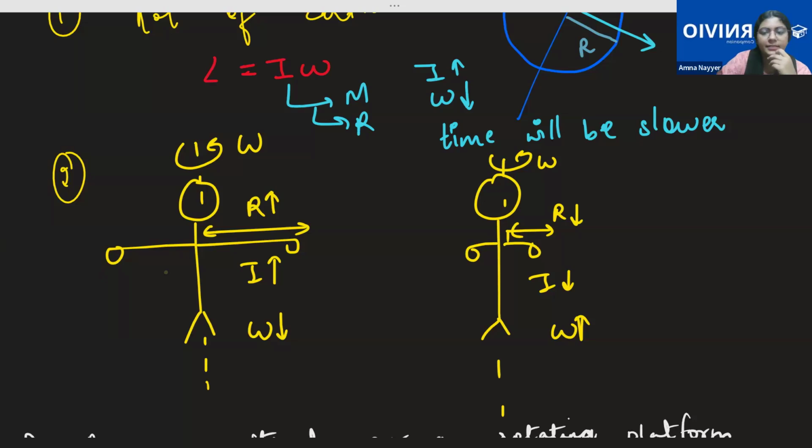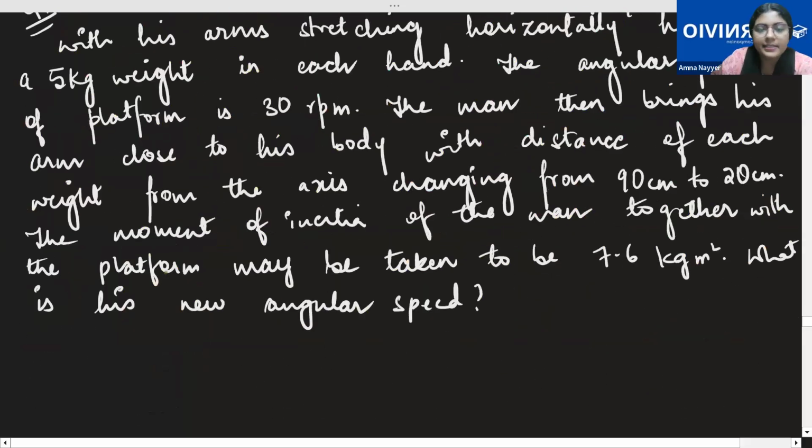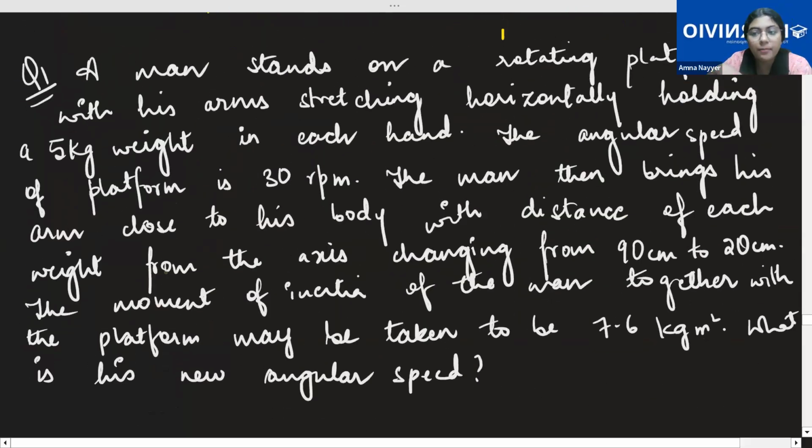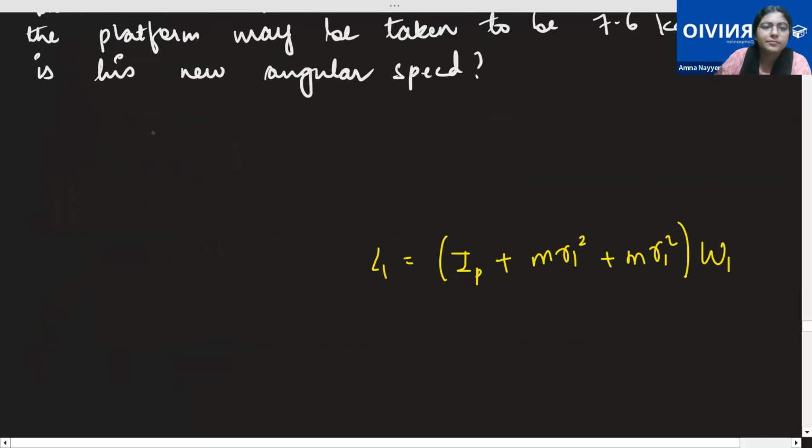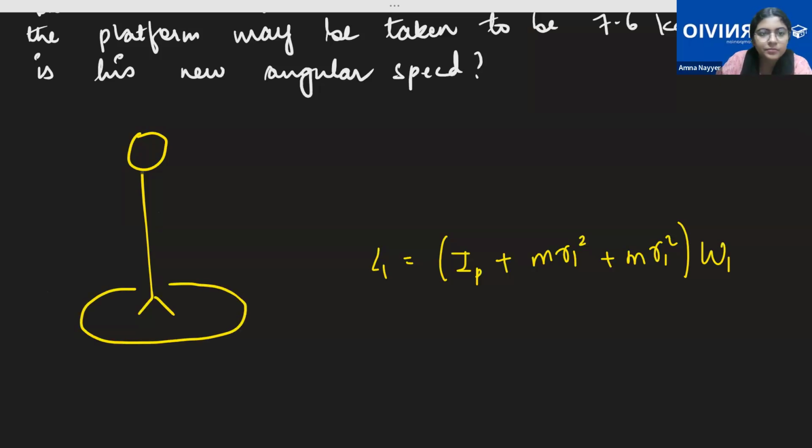See, let's practice this numerical. This says that a man is standing on a rotating platform with his arms stretched horizontally, holding a 5 kg weight in each hand. Means like this. This is the person who is standing on a rotating platform.